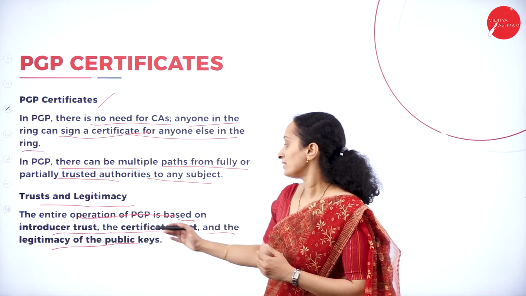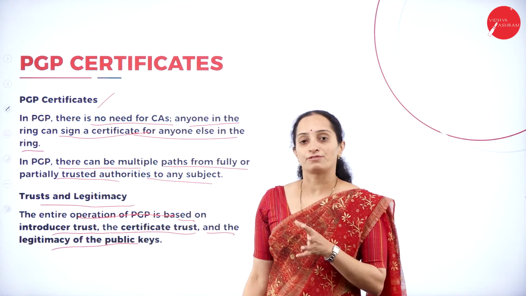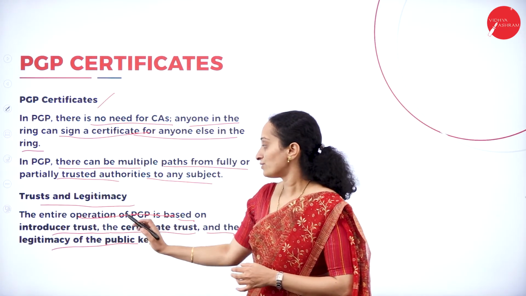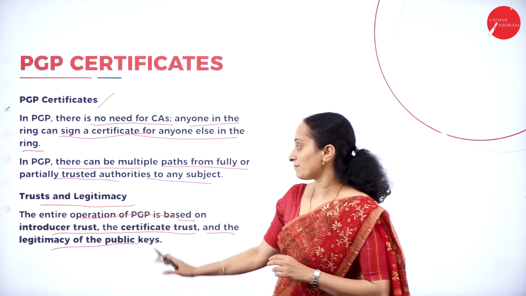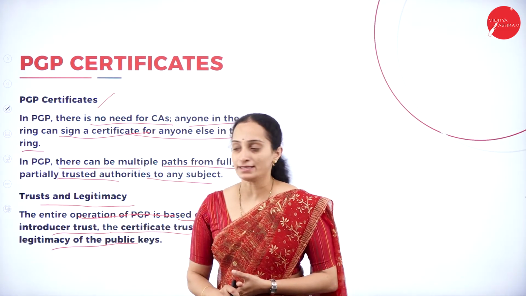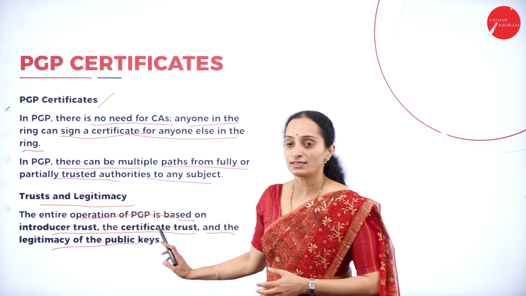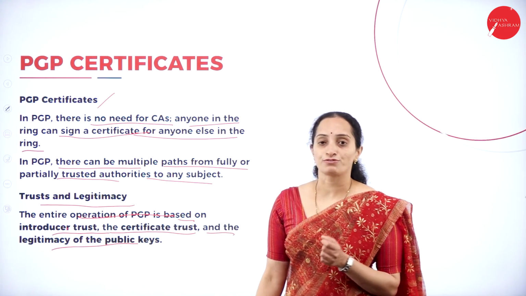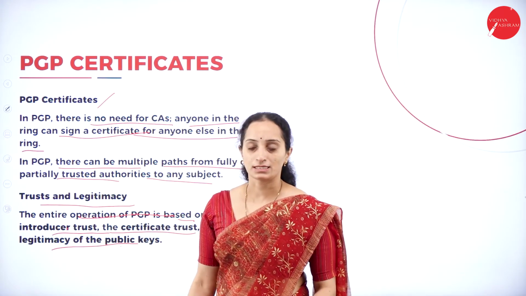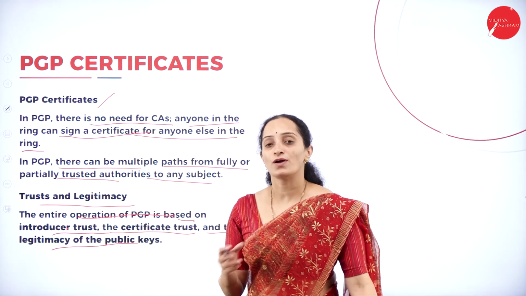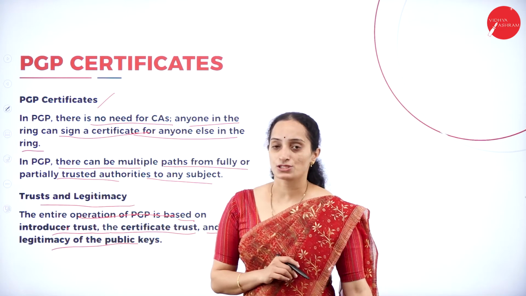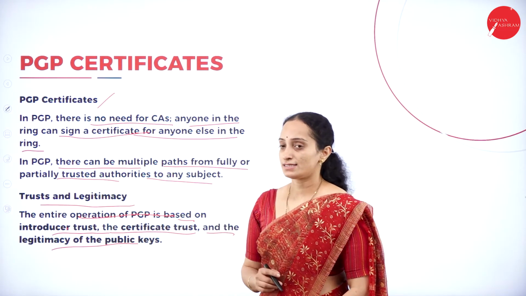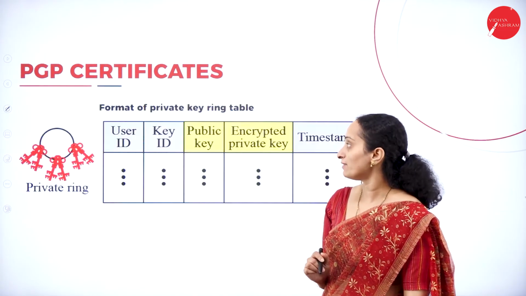We have different organizations or different paths to ensure the legitimacy of a certificate using the introducer trust, the certificate trust, and the legitimacy of the public keys. All these can be used to ensure the authentication of a released certificate of a receiver.